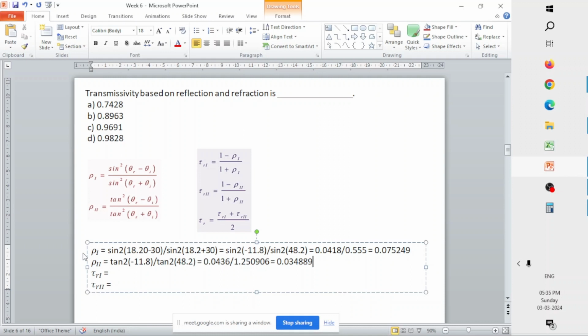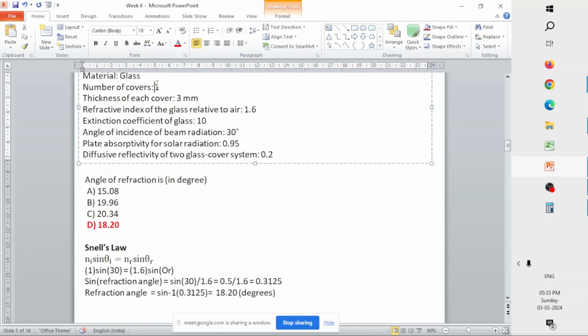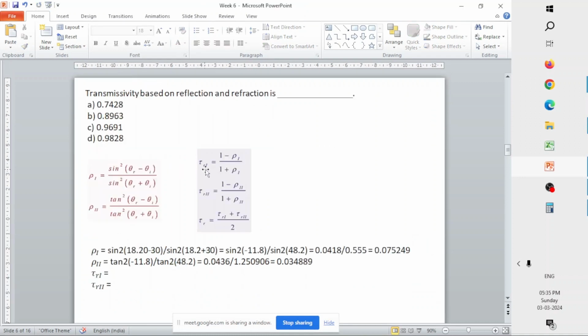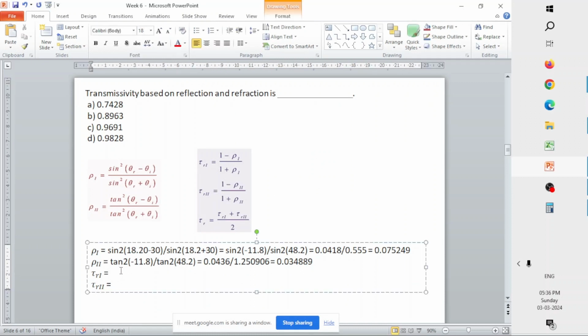So you now know the value of rho 1 and rho 2, and since the number of glass covers given here is 1, the formula will remain as tau r1 equal to (1 minus rho 1) by (1 plus rho 1). The value will be 1 minus rho 1, that is 0.075249, divided by 1 plus 0.075249.